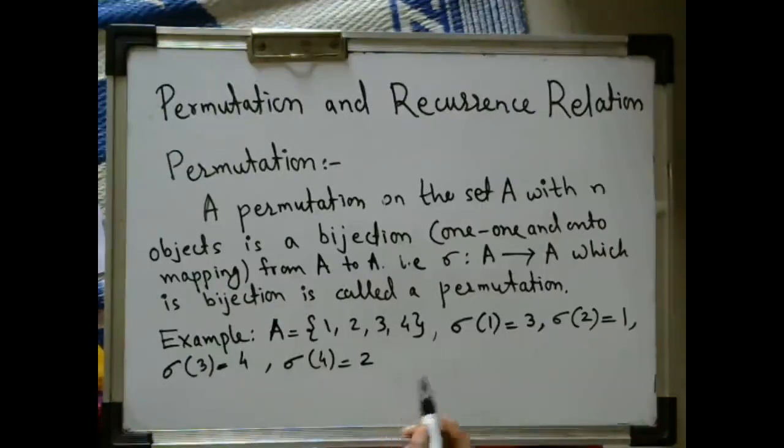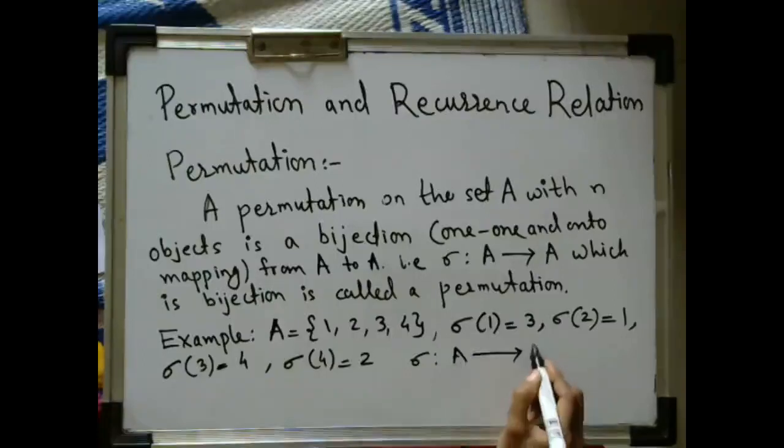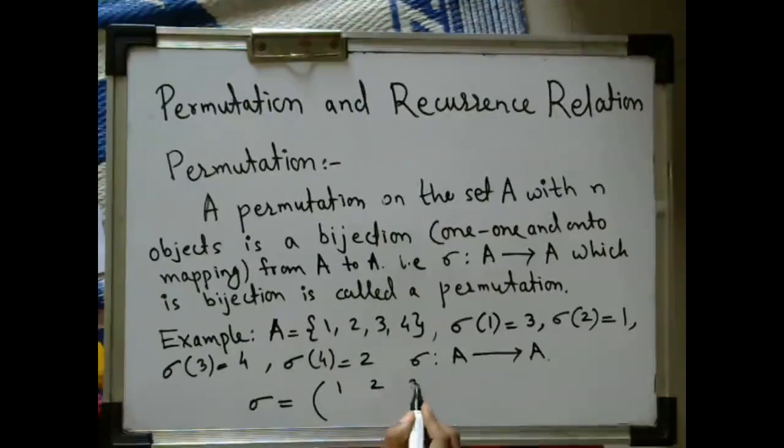So sigma is mapping the elements of A to themselves in a bijective manner. This sigma can be written in array format like this: 1 is mapping to 3 under sigma, 2 is mapping to 1, 3 is mapping to 4 and 4 is mapping to 2.